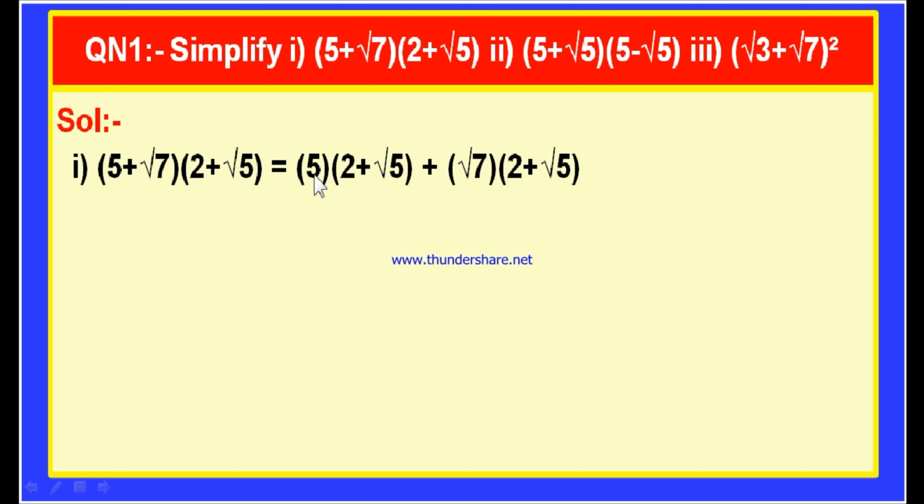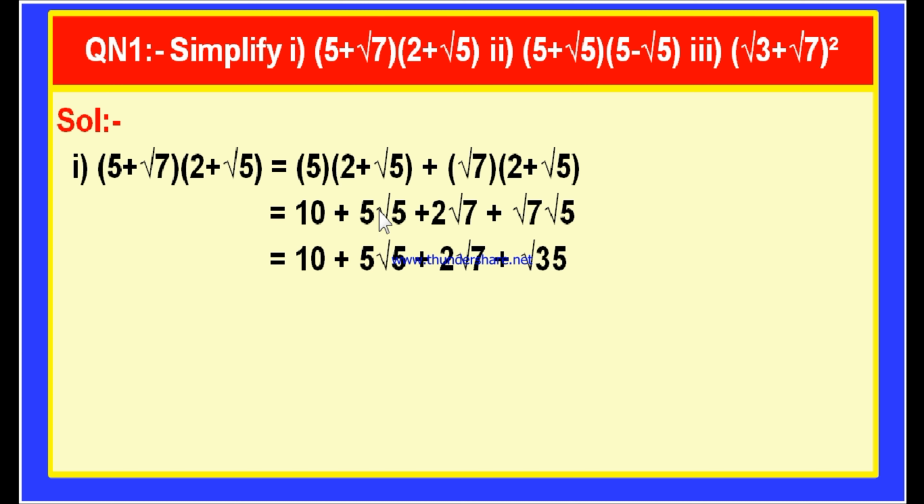Now again in order to find the product of 5 and (2 + √5), let us multiply 5 with 2 and let us multiply 5 with √5. Therefore, 5 twos is 10, plus 5 into √5 is 5√5. Later, √7 into 2 is 2√7, plus √7 into √5, which is √35, since 7 fives are 35.